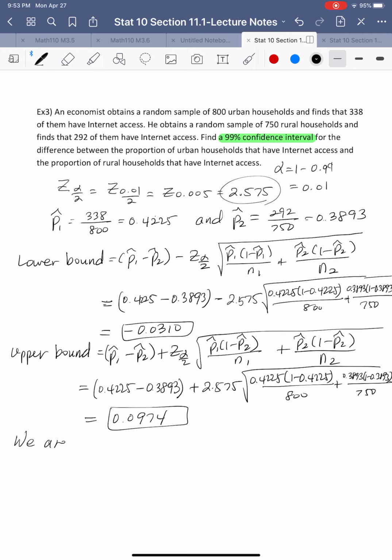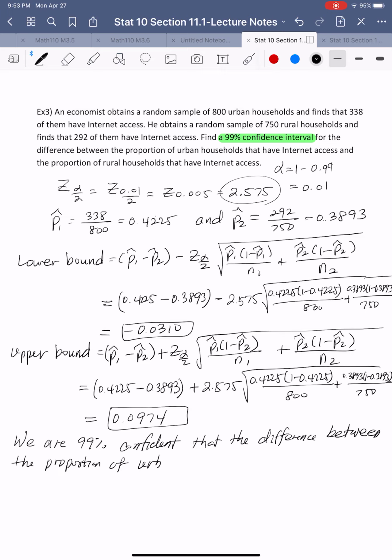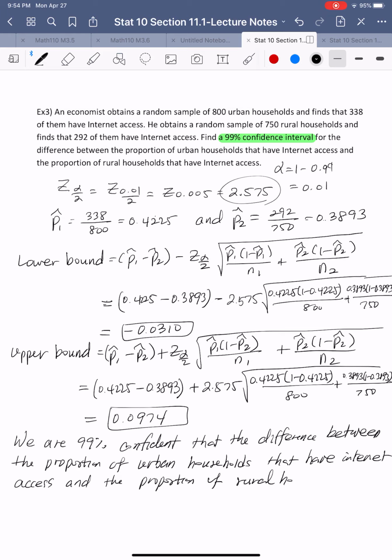So we are 99% confident that the difference between the proportion of urban households that have internet access and the proportion of rural households that have internet access is between negative 0.03 and 0.10.